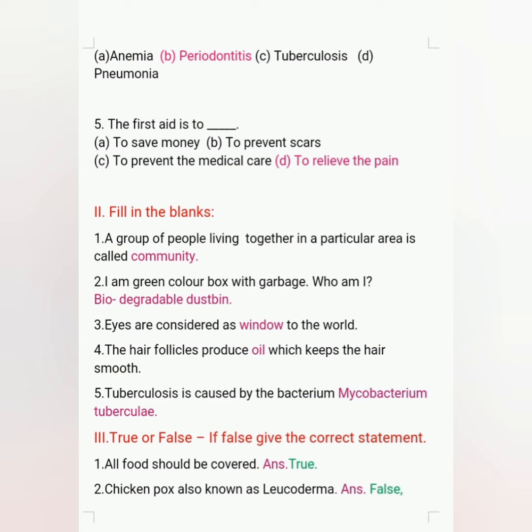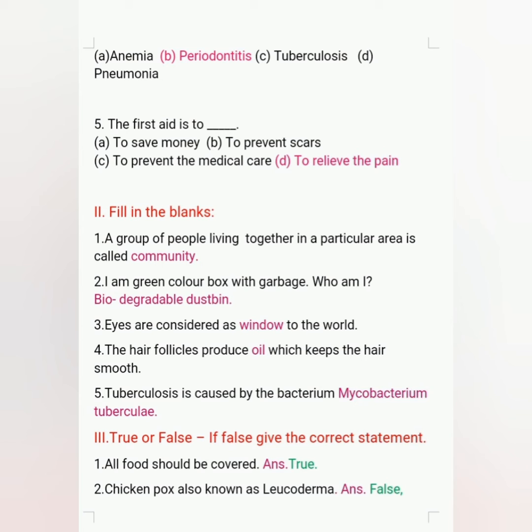Eyes are considered as dash to the world. The correct answer is window. Question number 4. The hair follicles produce dash which keeps the hair smooth. The correct answer is oil. Question number 5. Tuberculosis is caused by the bacterium dash. The correct answer is Mycobacterium tuberculosis.